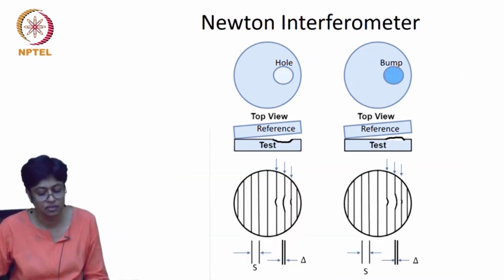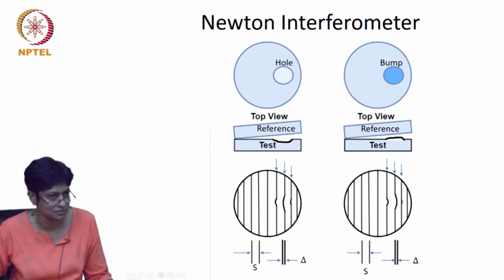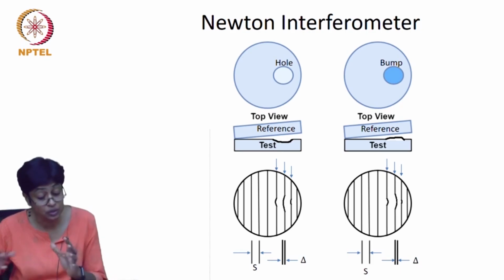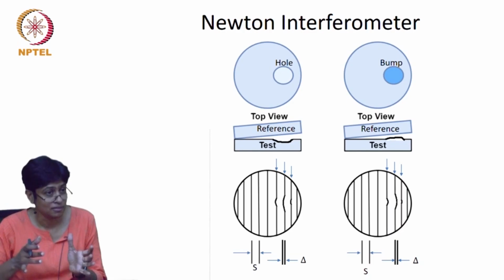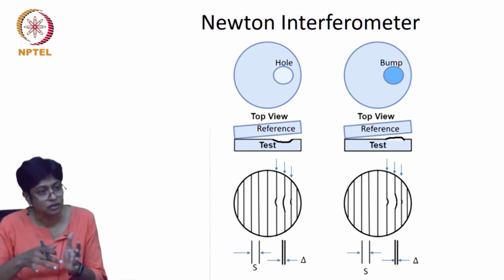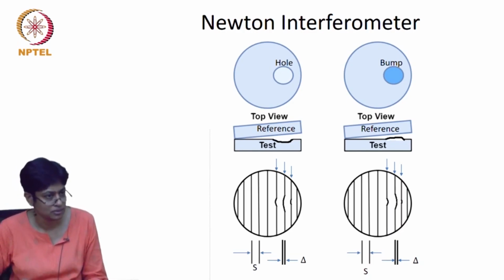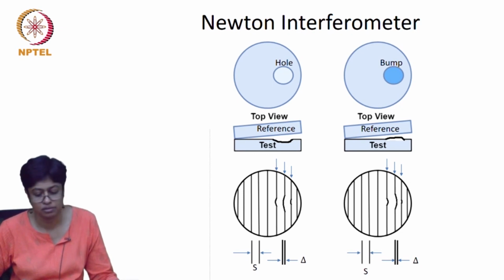So if you look at the fringes, they look something like this. So you can actually use this to tell whether you have a depression or a bump in your optical flat.